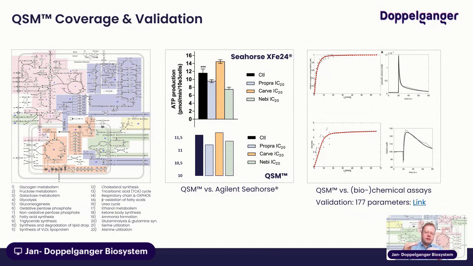The absolute quantification is not identical, but the relative quantification is very, very similar. And then on the right side, you can see that we used also biochemical assays to validate as many of these parameters as possible. The platform covers 22 pathways, and depending on what the application is, we report between 8 and 22 parameters.